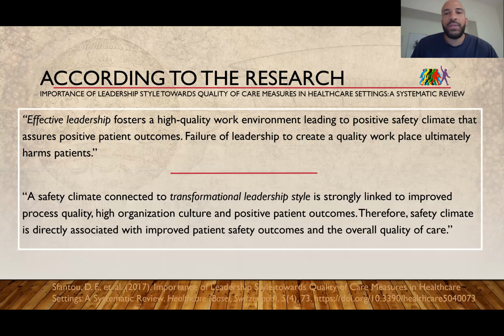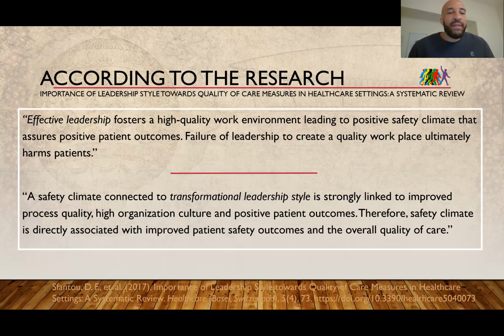So it creates just a safer place for our patients that almost assures an increase in positive patient outcomes. And the failure of having such a leader in the environment ultimately can harm the patient. So that's just confirming the importance and the impact of an effective leader.